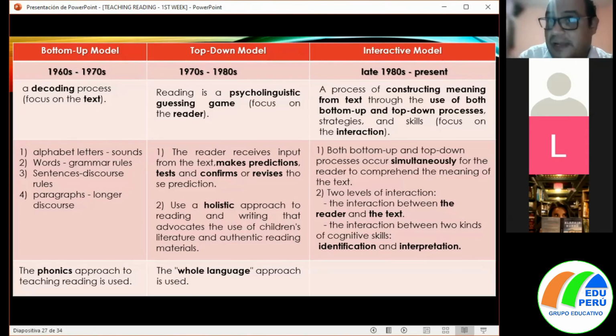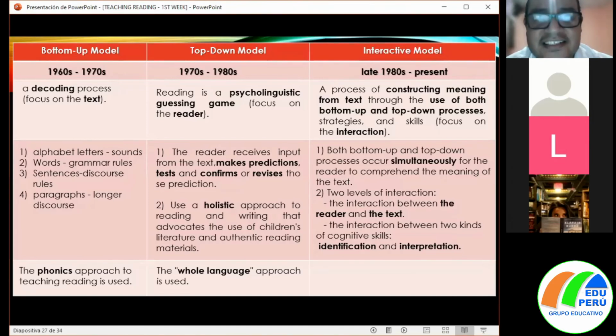It could be, if you apply the bottom-up model, just reading. Just decode the letters and that's it, get the meaning and that's it. But if you apply the top-down model, it means that you're not going to have just reading activities or apply just reading skills. It means that you use the whole language, all the skills, as Lucy says.